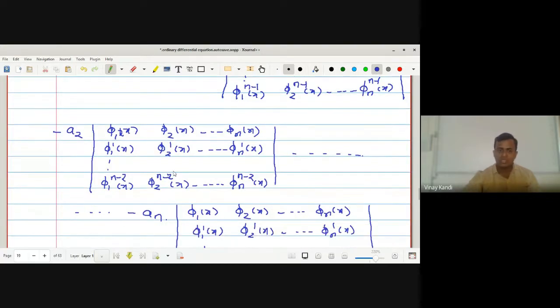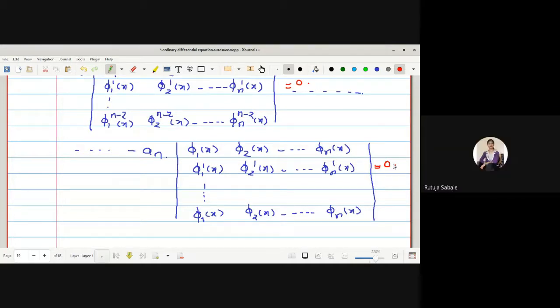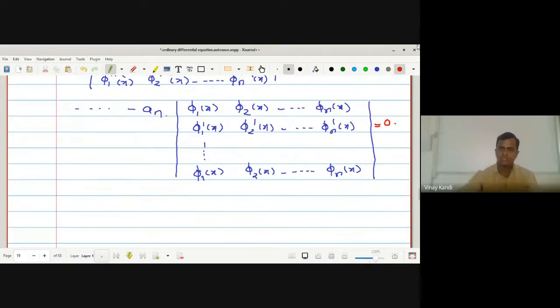So here the value of this whole determinant is 0. Okay, similarly all the determinants we get 0. At last, look at here, the first row and last row are identical. So here the value of this determinant also we get 0. Okay, any doubt up to here? No, sir.